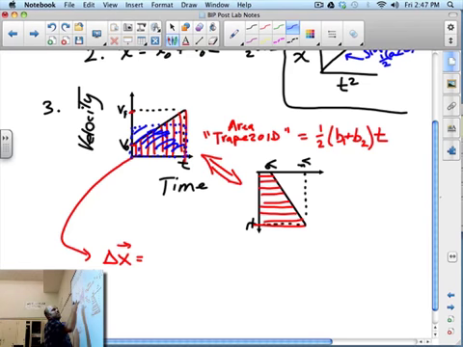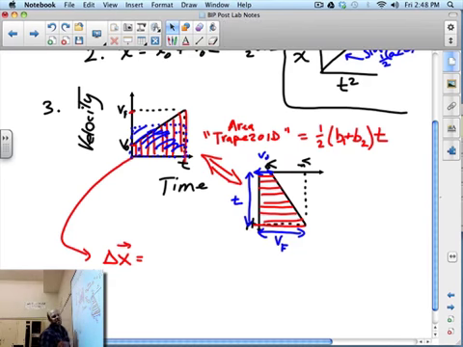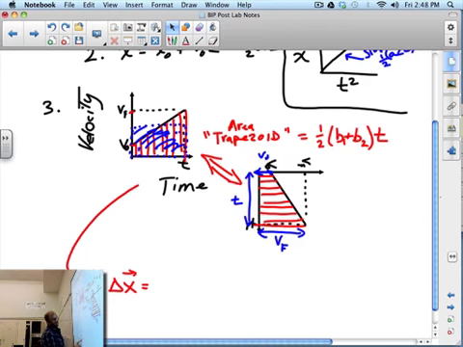Except instead of the average of the bases, this base is our final velocity, right? This base is our initial velocity. And our height is t. So the area of this trapezoid is just going to be the average of the velocities times the time, right?